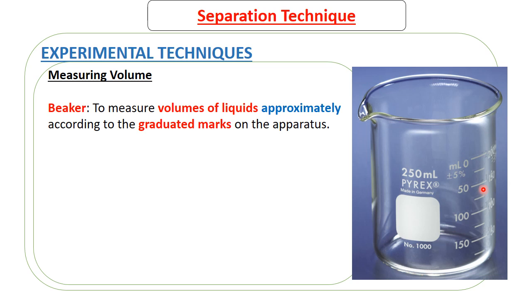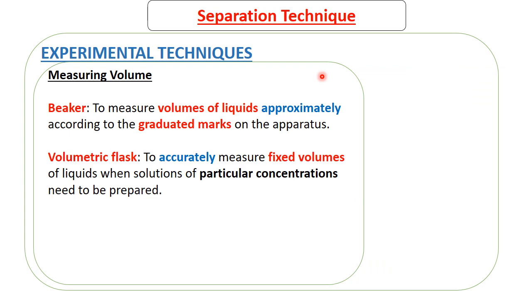Of course, you have to approximate. That's what it meant: approximately, according to the graduated marks on the apparatus. So this is the beaker and how it's used, and you have to keep in mind that it approximates. You can't get the actual value. The accuracy is not that good. Then the next one is called a volumetric flask.